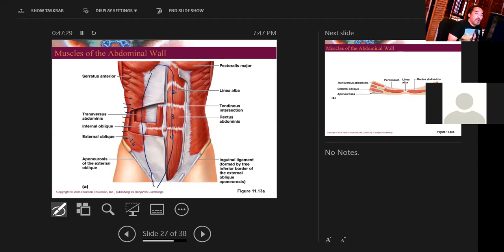I'm going to look at the obliques here first and identify, is this external, internal, or the other kind? Now, you see the fibers going this way, and the fibers going that way, just like putting your hand in your pocket. I'm going to call that external oblique. See the fibers are going downward.